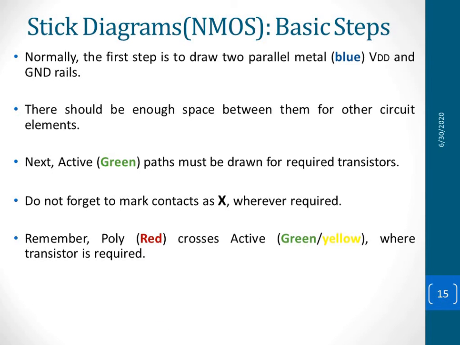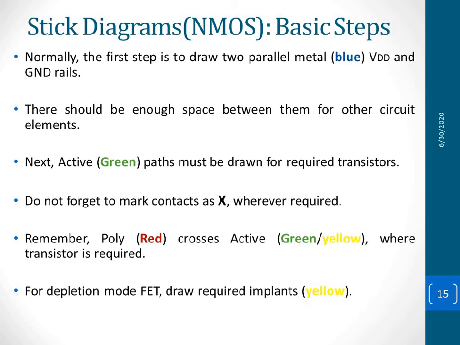And remember, the polysilicon, which is red in color, crosses active, which is green or yellow, where a transistor is required for PMOS or NMOS. For depletion mode MOSFET, draw the required implants which are yellow in color, and label each transistor with length and width ratio.